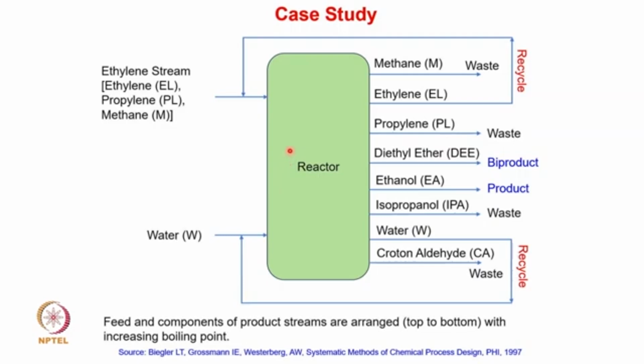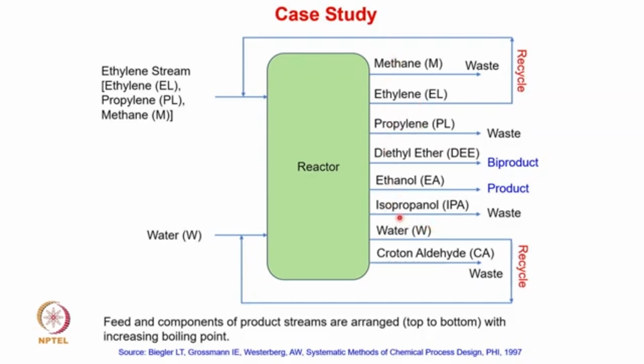The product coming out from the reactor comprises several components, which include methane, ethylene, propylene, diethyl ether, ethanol, isopropanol, water and croton aldehyde. Out of these, ethylene and water are recycled back, whereas diethyl ether is taken out as a byproduct and ethanol is taken as a product, and all the other remaining components are waste products.